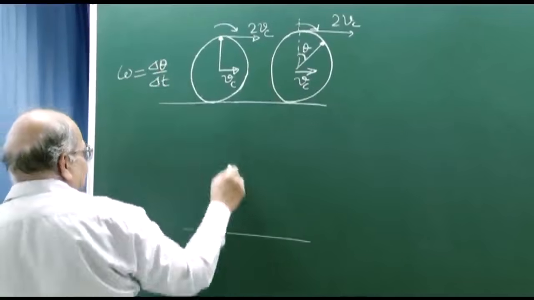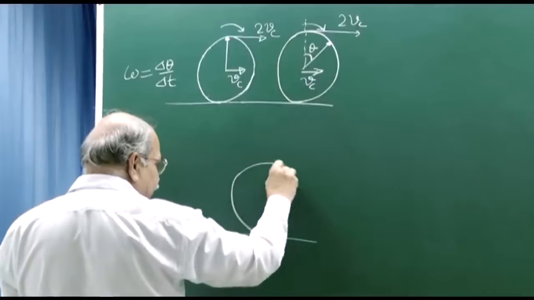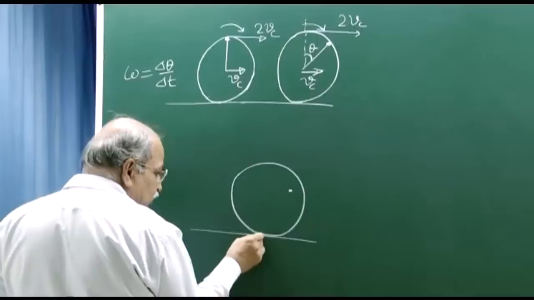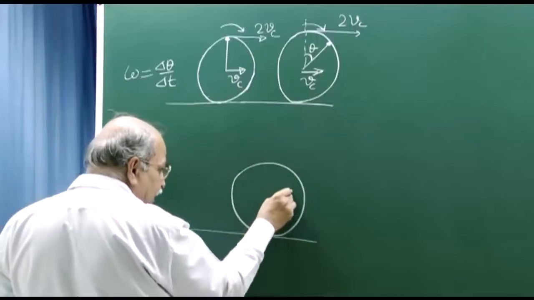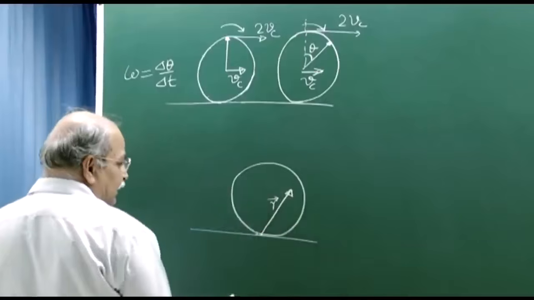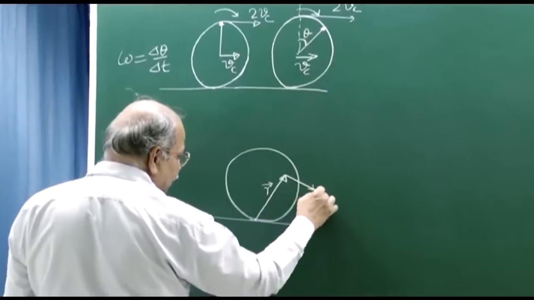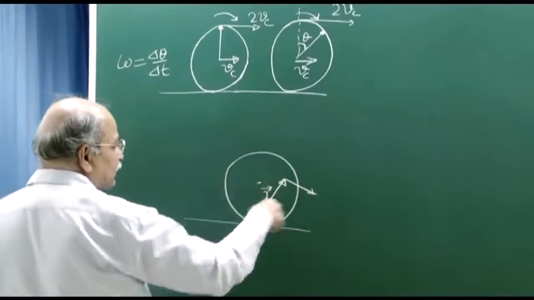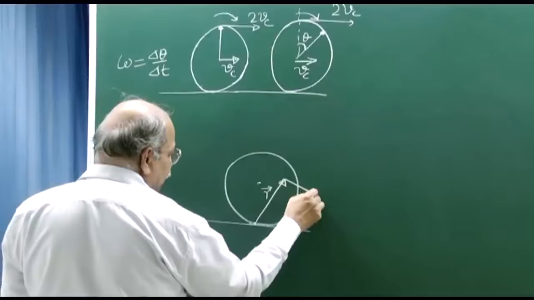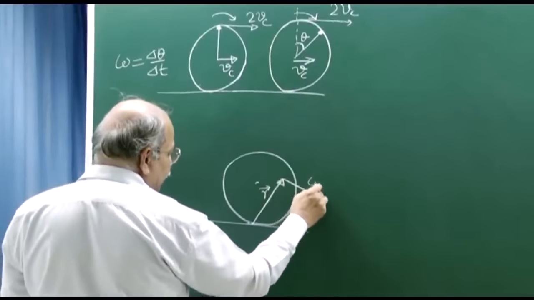You take any point anywhere on this object, and you can call this vector as r vector, and then the velocity of this is omega cross r. And omega is, remember, if it is going this way, omega is inside the board. So, this will be perpendicular to this line and its magnitude will be omega into r.